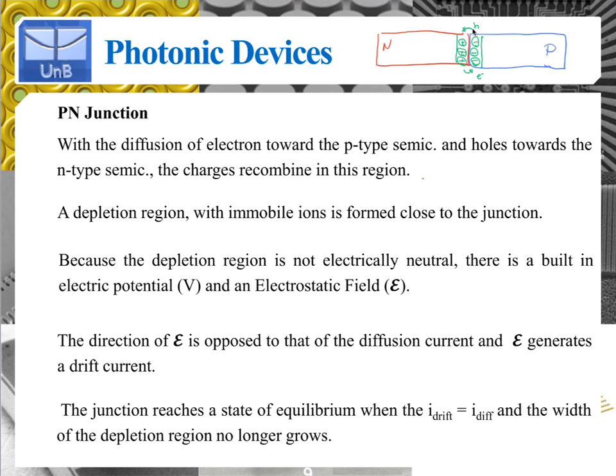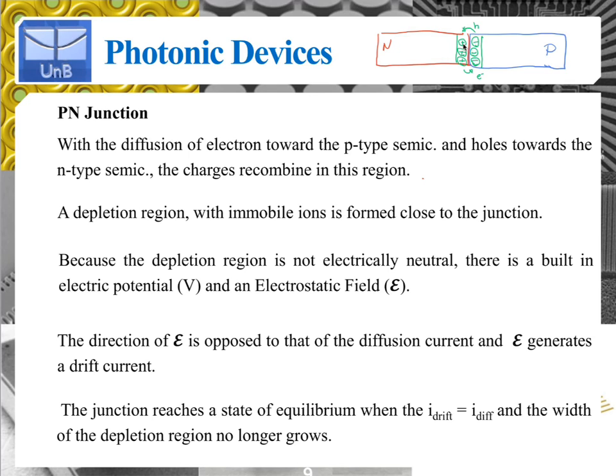The same thing will happen when holes move to the n-type semiconductor side. They will recombine. You'll only have immobile ions on either side, so positive ions on the n-type semiconductor, negative ions on the p-type semiconductor, and no electrons or holes, so no free carriers which can move around across the semiconductor.